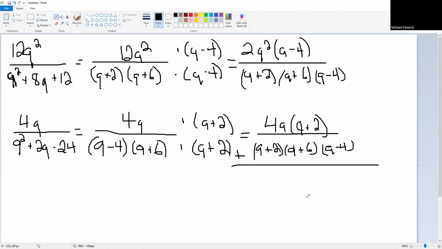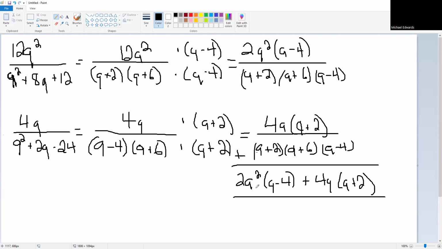Which will make a big old long equation, but that's okay. So let's write it as 2q squared (q minus 4) plus 4q (q plus 2) over... Is there a way to copy this?